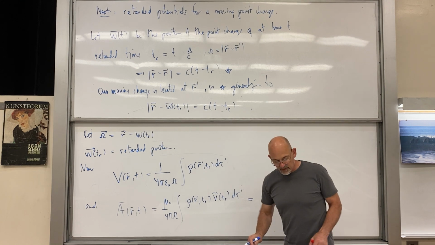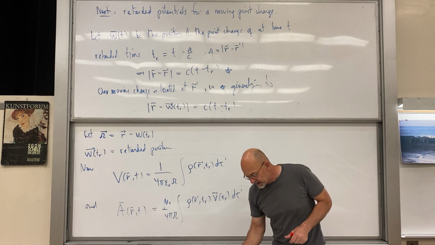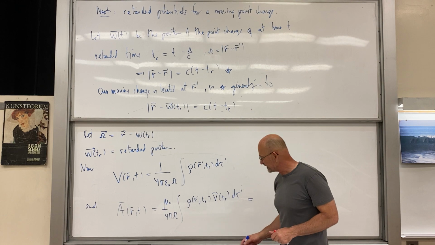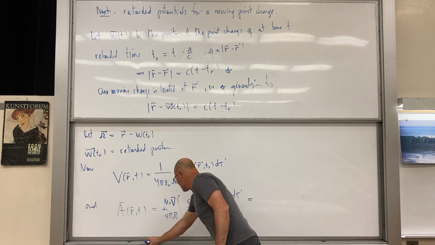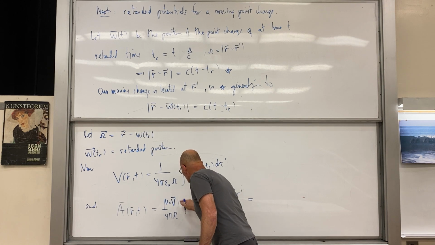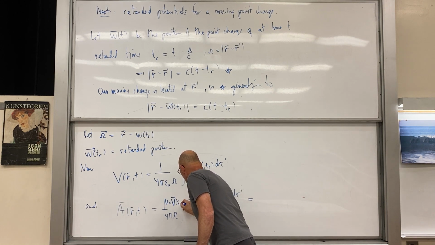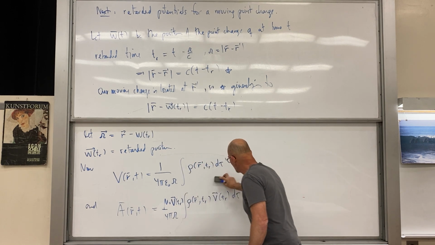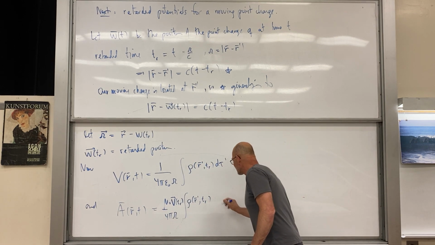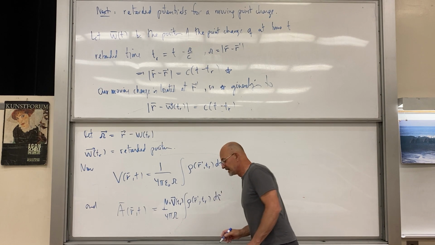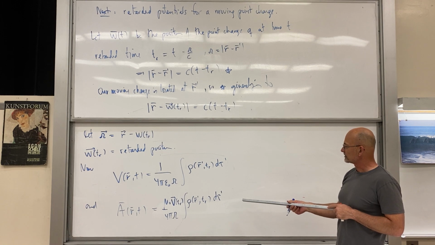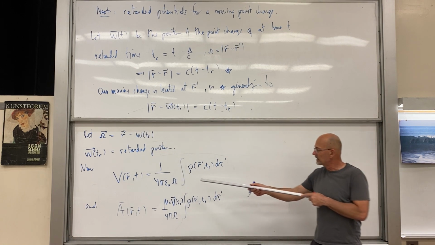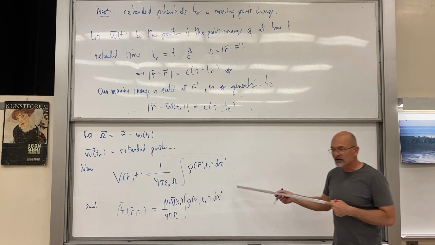And I can pull the V out as well. I'll pull it out right here, because it makes a really interesting point that the vector potential and the scalar potential are really closely related here.